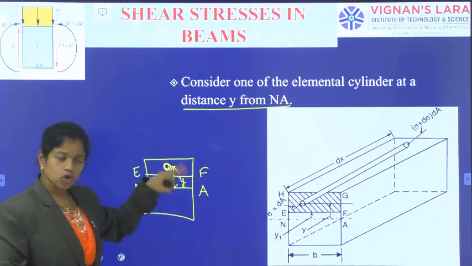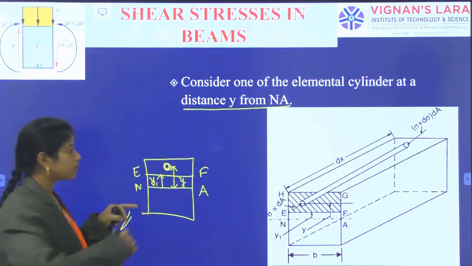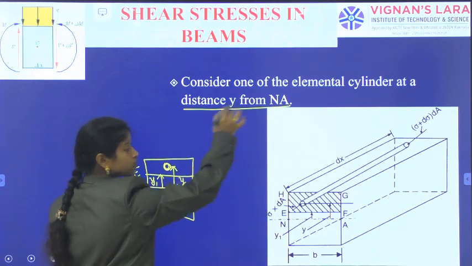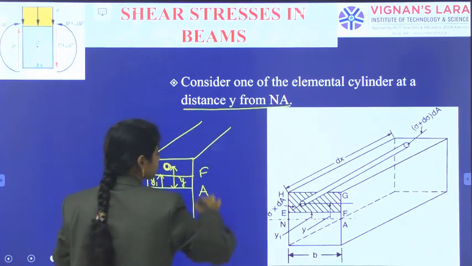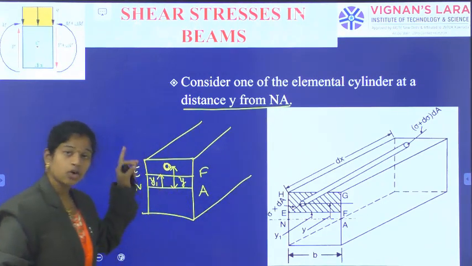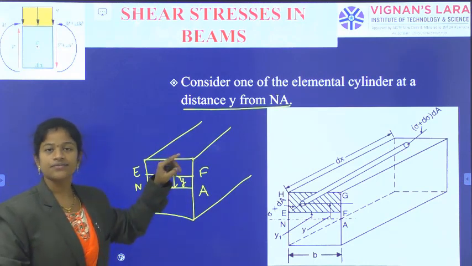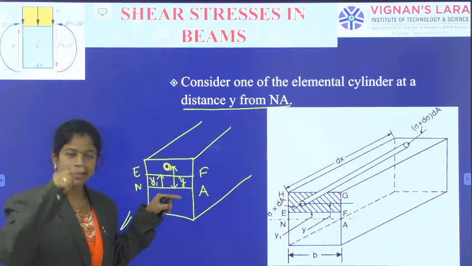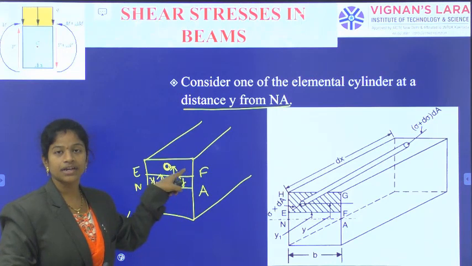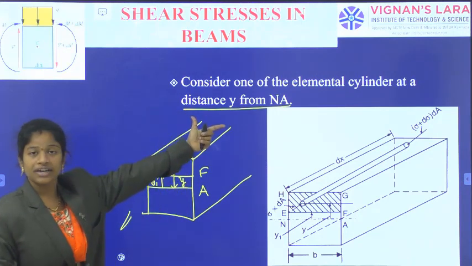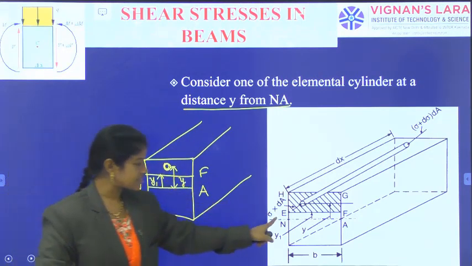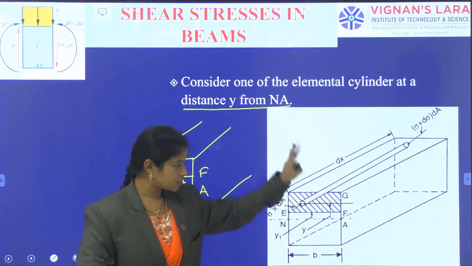Above the EF, many elements will be there which are continued throughout the length. In those elements above the level EF, I am considering one cylindrical element at a distance y from the neutral axis. So this is the cross-sectional view of AB.